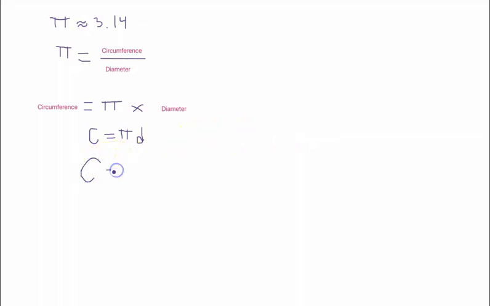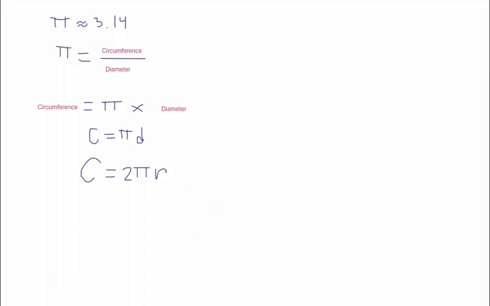Circumference equals 2 times pi times r, which is the radius. And 2r is basically the same as d, so that's how we know this has to work, because the diameter is twice the radius.